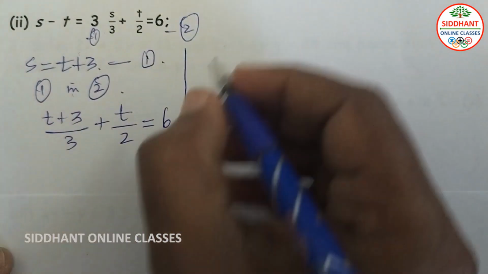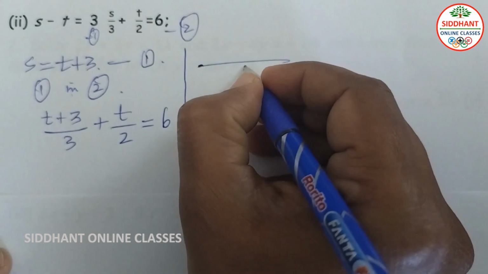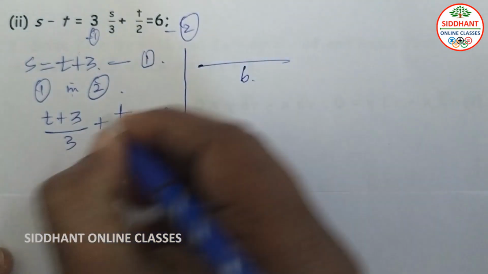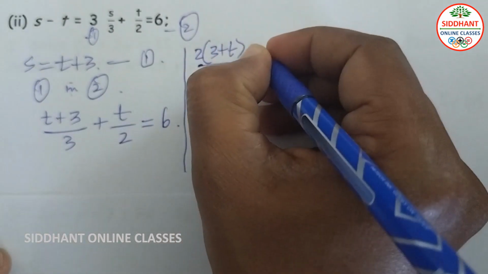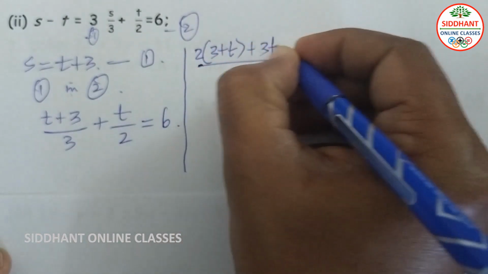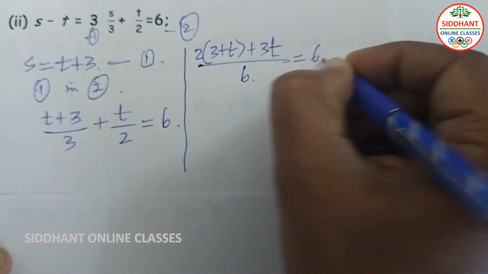So now taking the LCM, we get 6, and 2 into (3 plus t) plus 3t equal to 6 here.